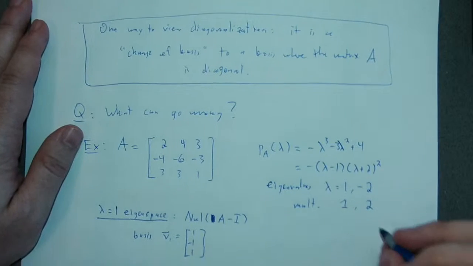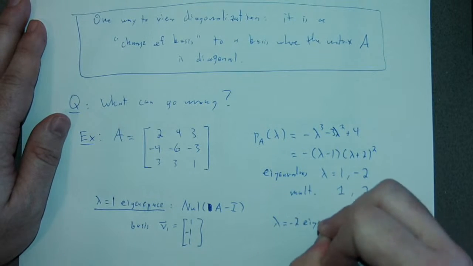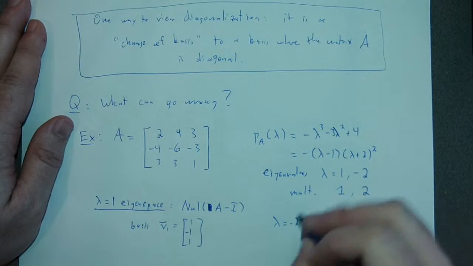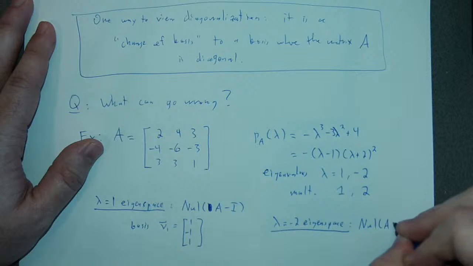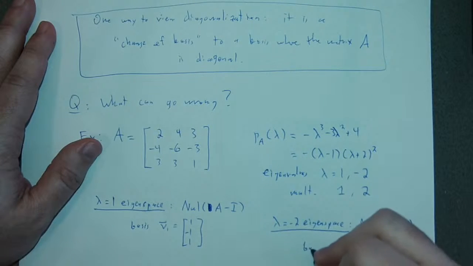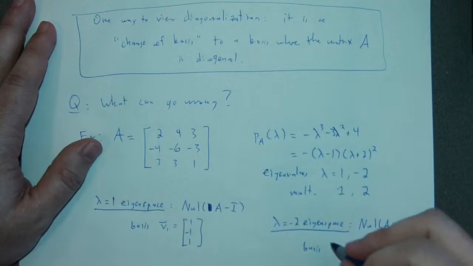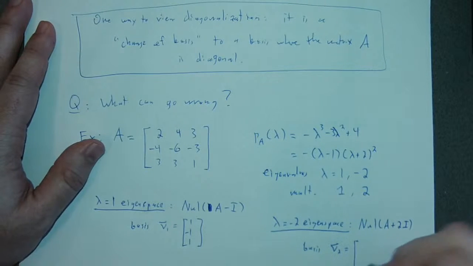And the lambda equals minus 2 eigenspace, so this is the null space of A plus 2I. This has a basis consisting of a single basis vector. So its basis is minus 1, 1, 0.